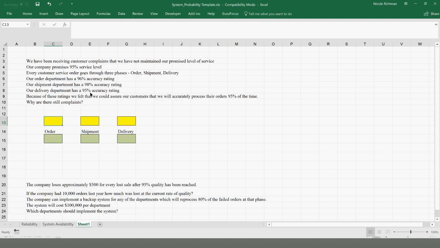So we felt confident that we could make a promise to our customers that their orders would be at least 95%. And because of these ratings, we had no question that we would be able to meet that promise, and our customers were confident in ordering with us, and we weren't going to lose business even with the 5% inaccuracy.